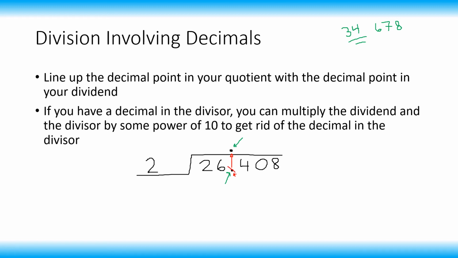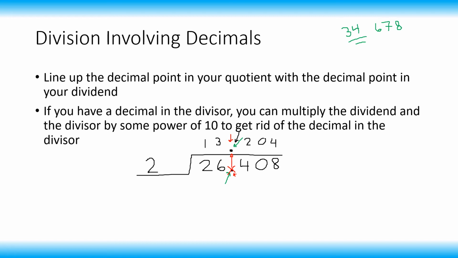So you can forget that this exists, and to be honest, while you're working through the problem, you can forget that that one exists as well. And then when you get your final answer, so for this one, that would be 1, 3, 2, 0, 4, just make sure that at the end of the problem you stick that decimal back in there.